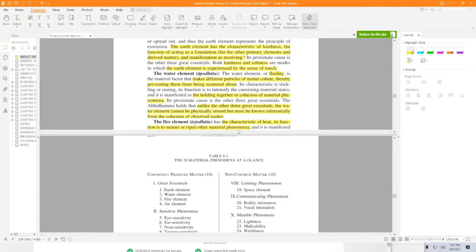But you sprinkle the flour with water, and then you knead it, and then the wheat flour will bind together. And so they come to the inference that it is the water element that is responsible for the binding together of the particles of wheat flour. But they say that you can't actually physically experience by touch the water element.